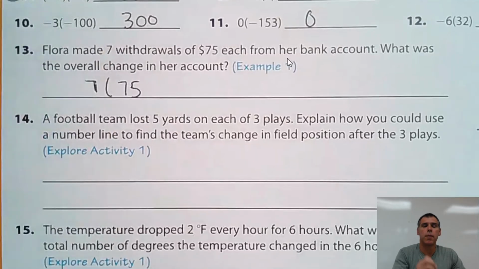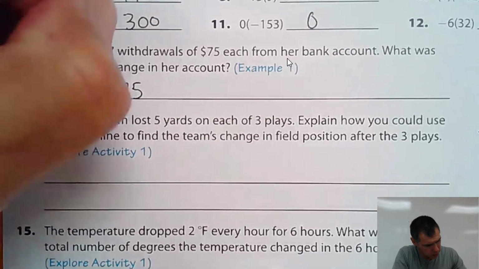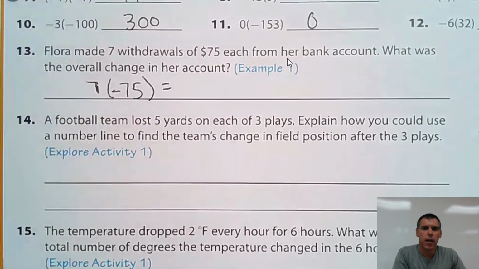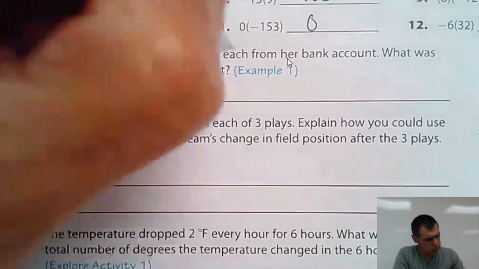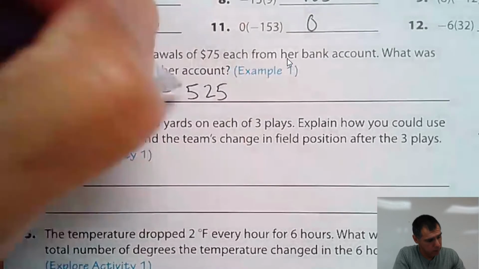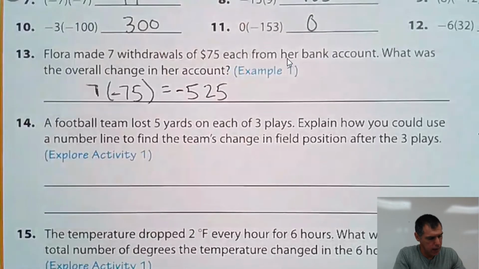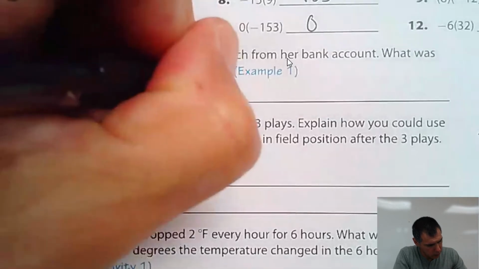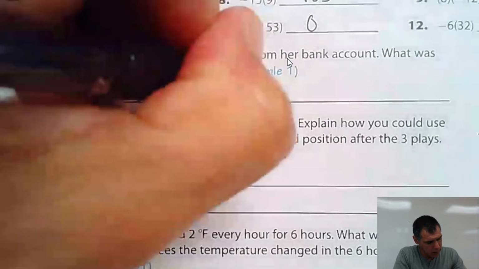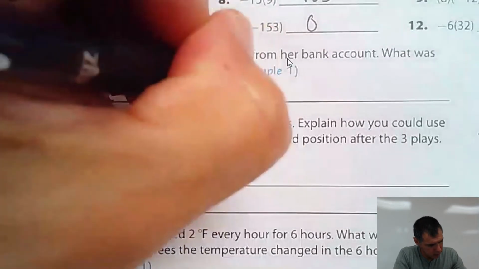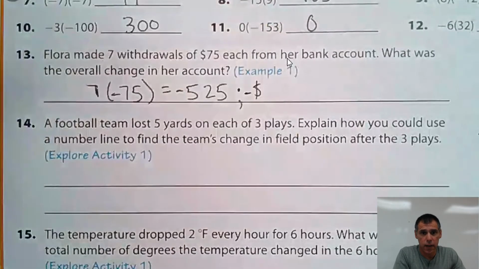But a withdrawal means the money's coming out of her account, so we need to call that negative 75. And 7 times 75 is 525. And positive times negative is negative. So it's negative $525, with the negative in front of the dollar sign.